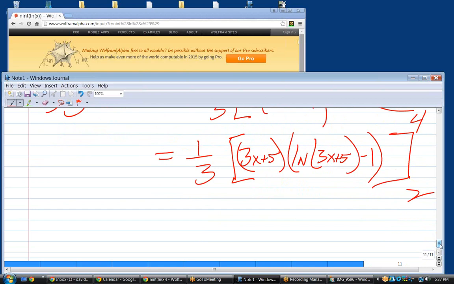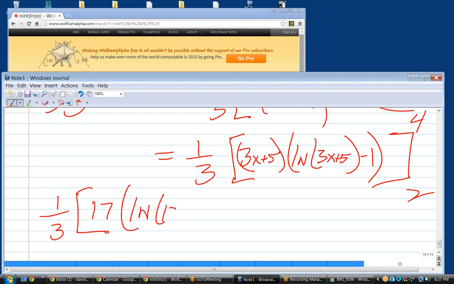Do you know how to handle these evaluations? You plug in the limits. Plug in the top number first, and then subtract it with the bottom. So the way this would play out would be 1/3 times 17 times natural log of 17 minus 1.